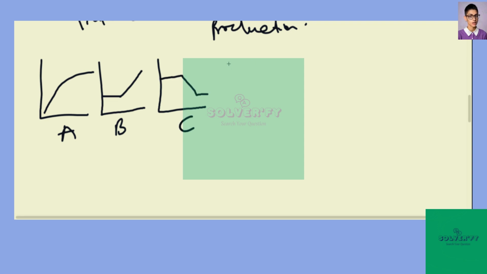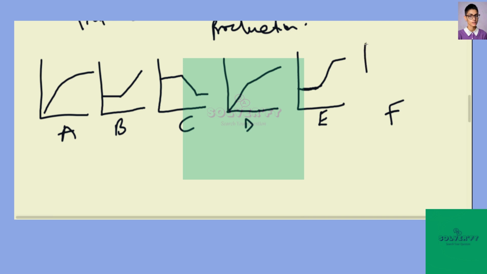Graph C looks like this. Graph D looks like this. Graph E looks like this. Graph F looks like this.